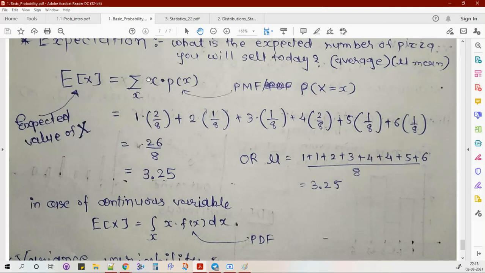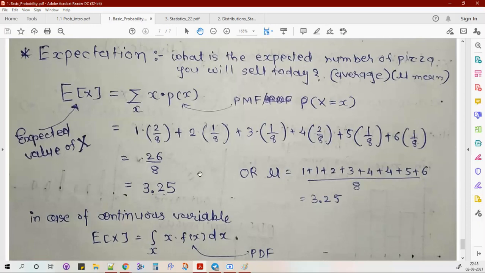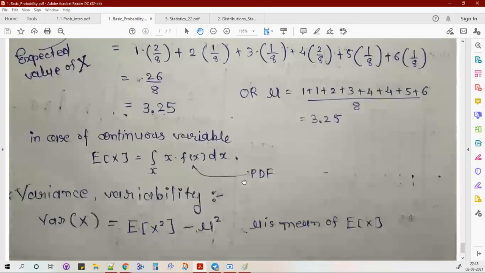So if you do this x into p(x), you are definitely going to get this answer 3.25, or you can say the mean value. Sometimes it is written as mu, and basically it is the mean. So what is the average value of x that you can expect? That's why it is called expectation, or the expected value of x.